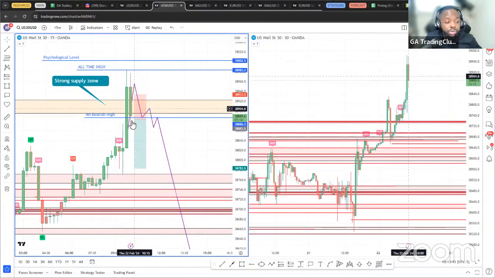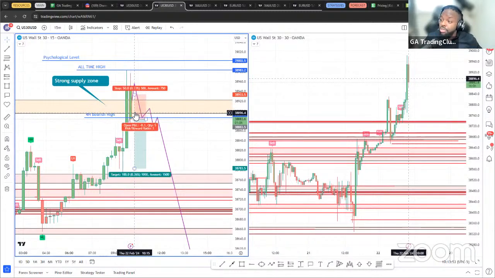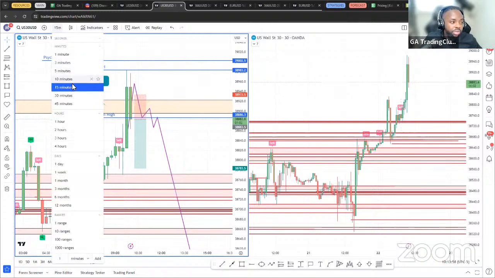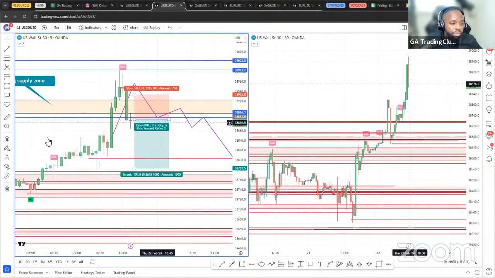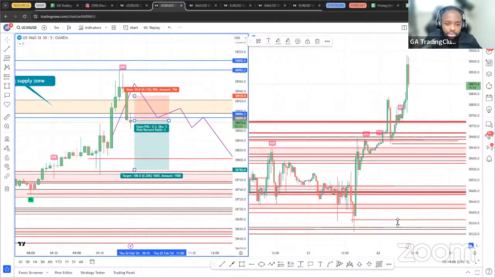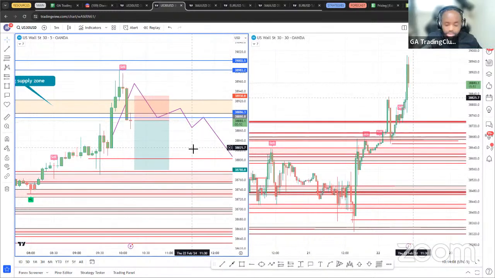If the 5-minute candle closes below this supply zone, it would mean the 15-minute is also closing below that supply zone, right? So remember, this is a strong supply zone, and both of them will close at the same time. So yeah, this would be a trade I would be inclined to take. Let's see how that one goes as well.